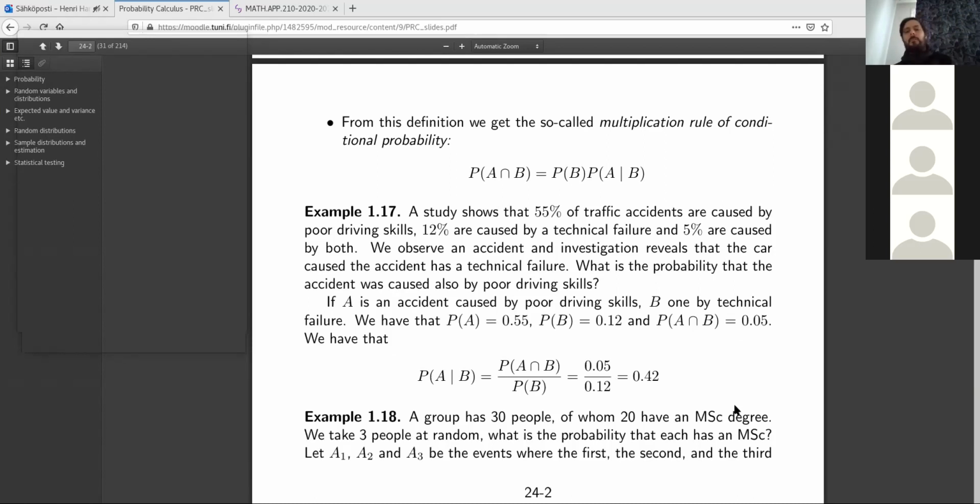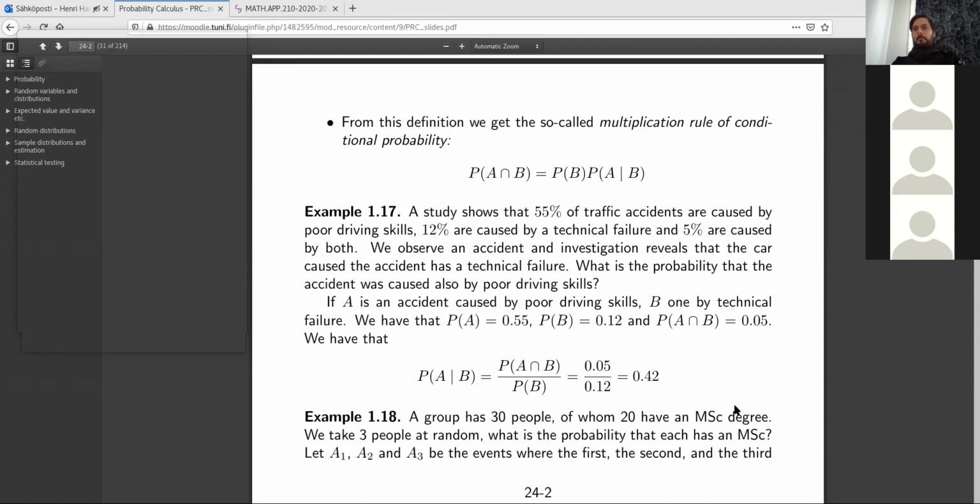So here's an example of a study. Let's say this study shows, we've studied this phenomenon of traffic accidents, and before we go in depth into these actual numbers, let's assume that traffic accidents are a random phenomenon.